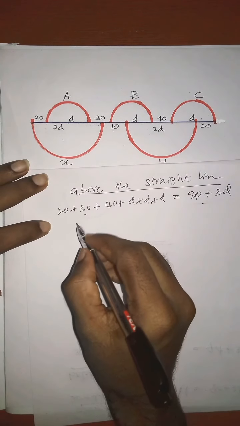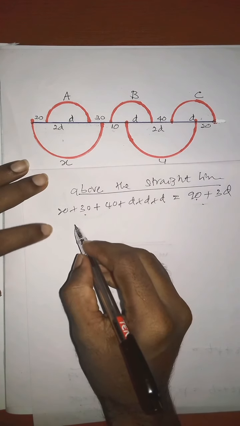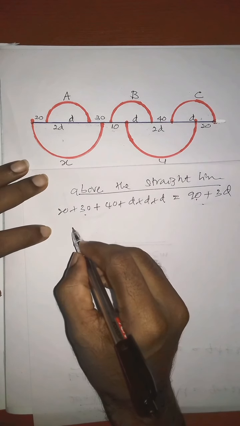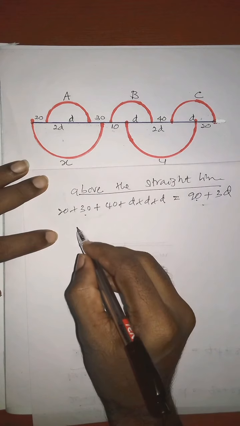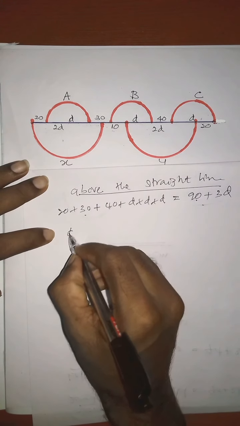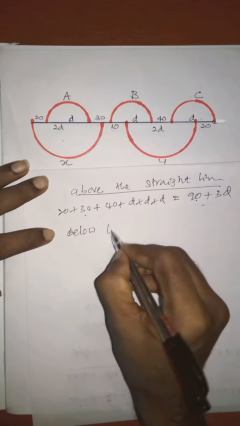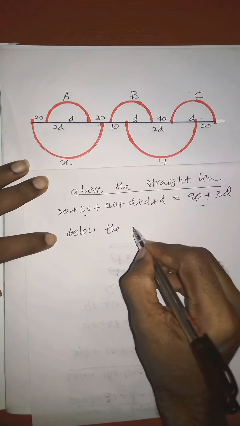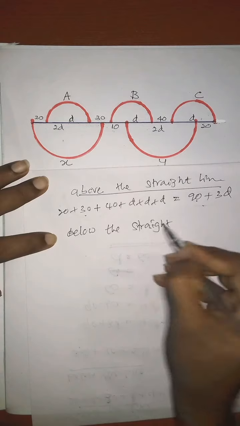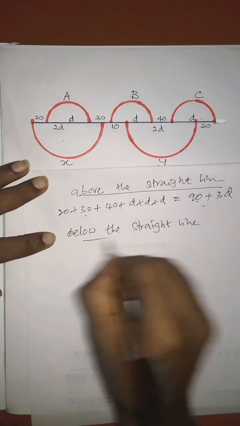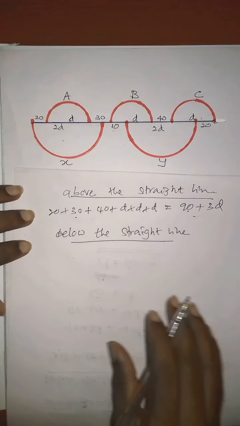Now by using the figures and the letter terms below the straight line, we can obtain another statement for the length of the same straight line.